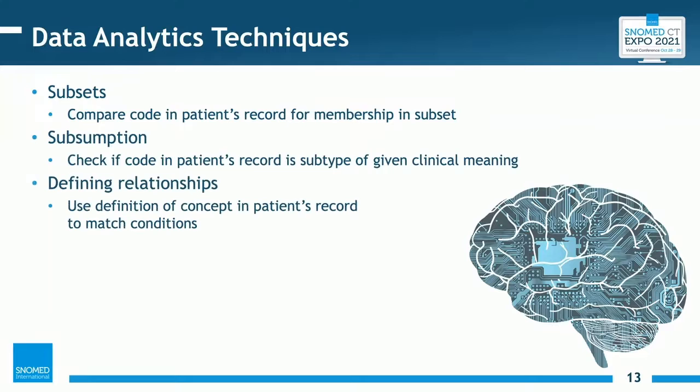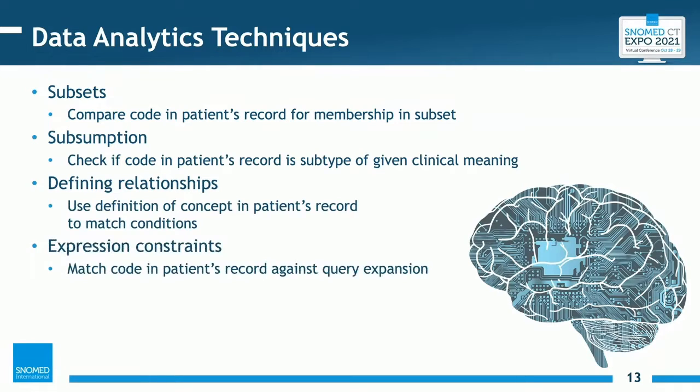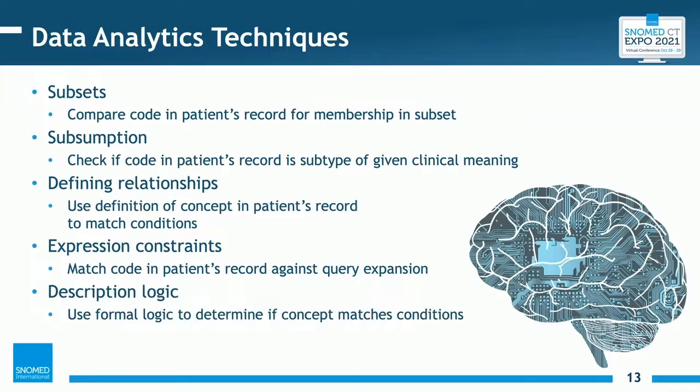You can use a concept's defining relationships to match against some query criteria. You can use expression constraints, and note that this is now considered the recommended technique when performing analytics over SNOMED CT coded health records. And you can use SNOMED's description logic for even more powerful reasoning. In the next few slides, I'll explain how each of these techniques work.